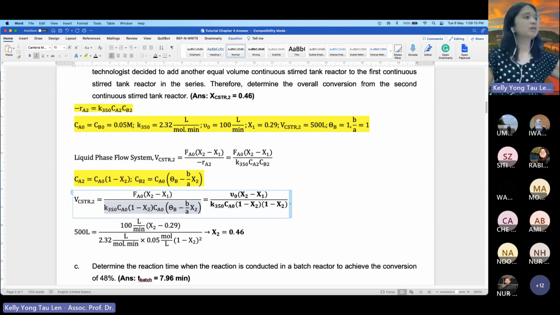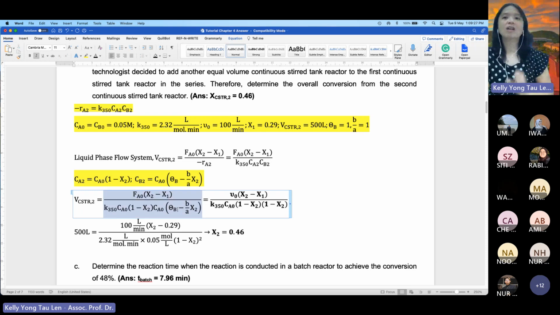Okay, macam saya kata, kamu kena cari FA0 first because again, like same in question 1, part A, saya ada CA0, saya ada epsilon 0. So I can use that to find first FA0 and you can use the first form. Or for me, saya nak potong sikit kerja, saya tahu ada satu FA0 di atas, ada satu CA0 di bawah. I can divide them and I will get epsilon 0.